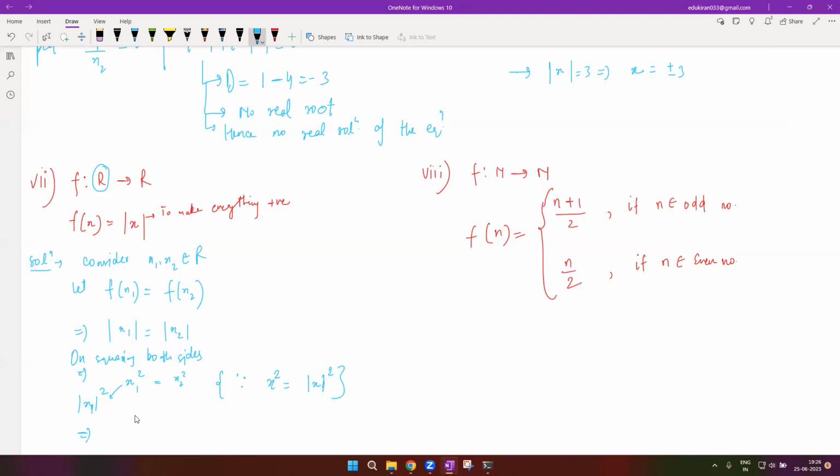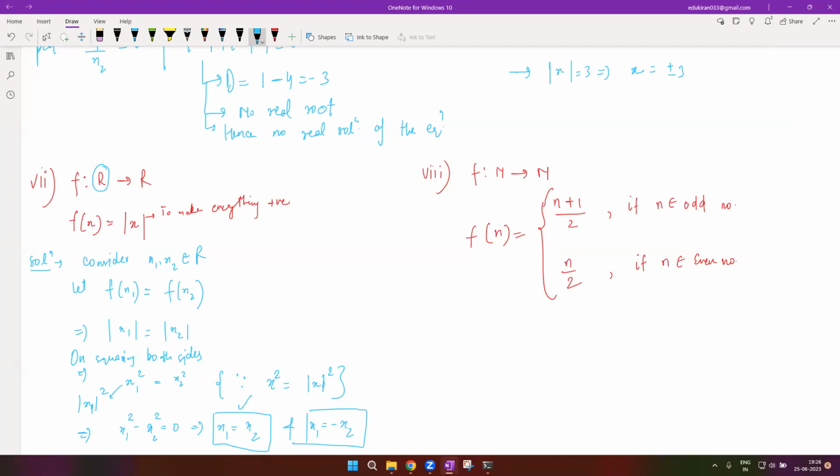Now we can solve this. You get two solutions. One is x1 is equal to x2, and another is x1 is equal to minus x2. So we don't need to check for this one, but for this we need to check.